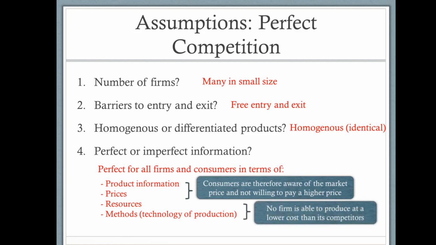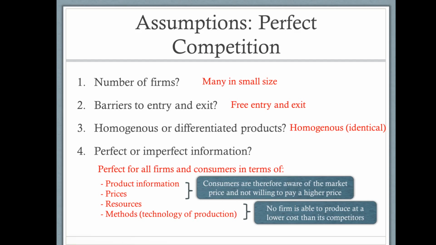And also for the firms, why do they have no control at all? Because we assume the firms know all the information about how to get, let's say, the cheapest resources, or they already know all the technology for that production.